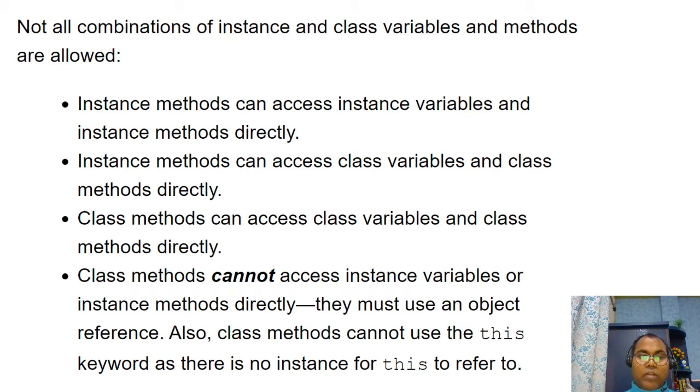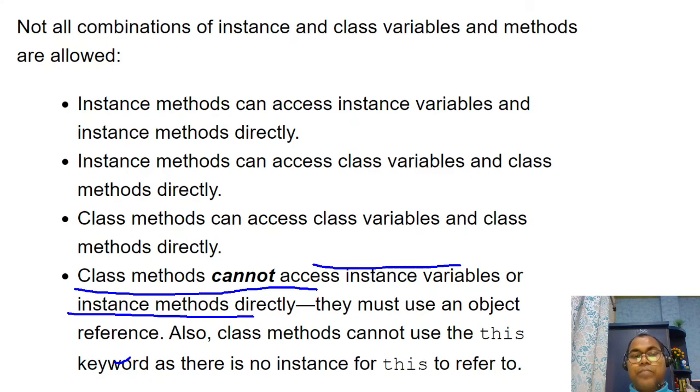Please note, a class method, or static method, cannot access an instance variable or instance method directly. If you want to access them, first create one object, and then through that object reference access the variable and method.